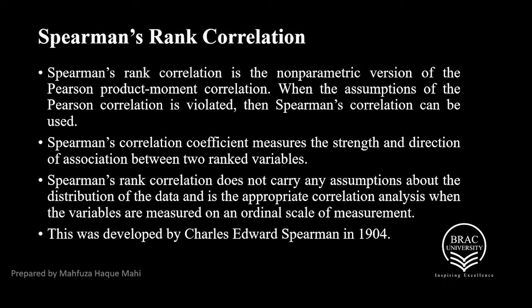Spearman's rank correlation does not carry any assumptions about the distribution of the data and is the appropriate correlation analysis when the variables are measured on an ordinal scale of measurement. Spearman rank correlation was developed by Charles Edward Spearman in 1904.